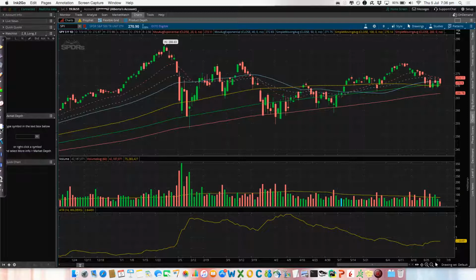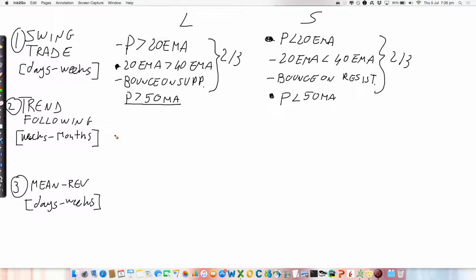Okay? Let's check now the trend following strategy. Well, for the trend following, I will do something similar. The only difference is that now I will replace this condition, so how I check the medium term, with something that is, I would say, longer term, kind of, okay?